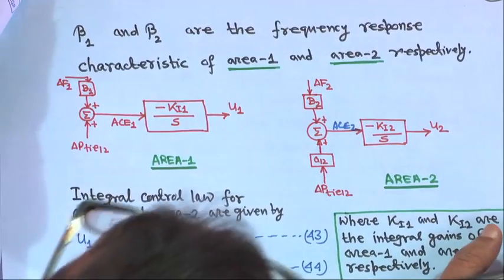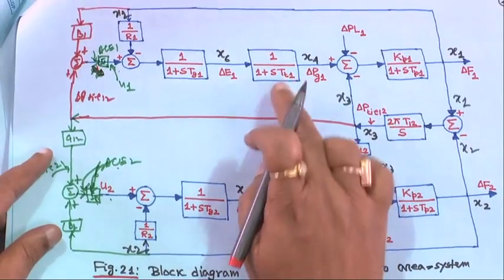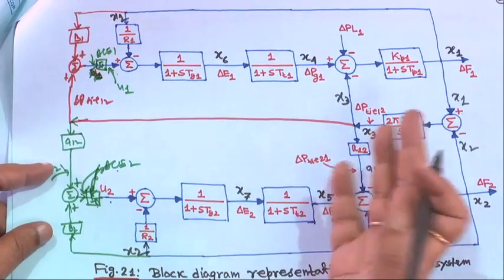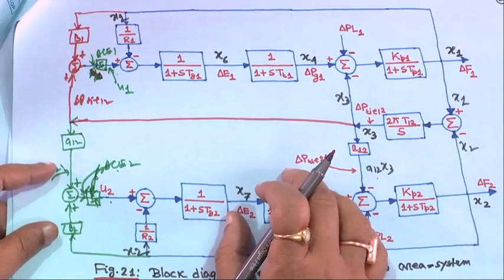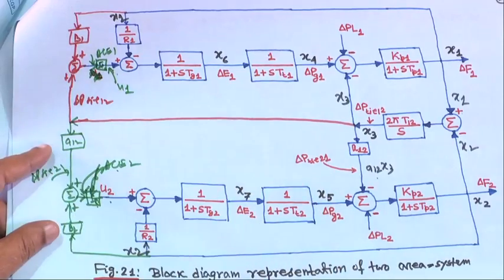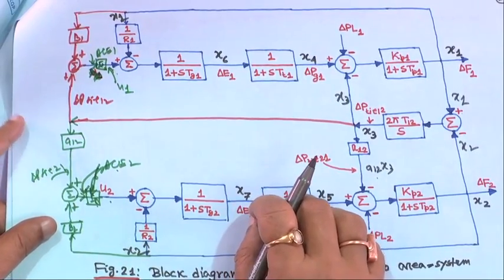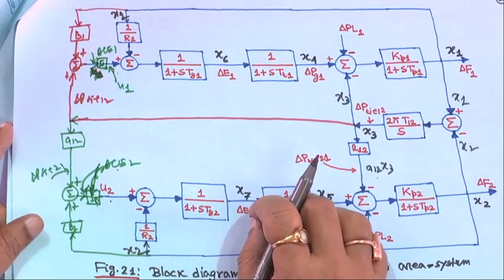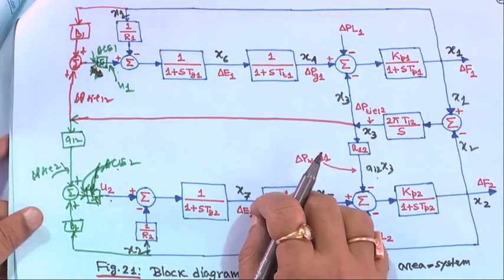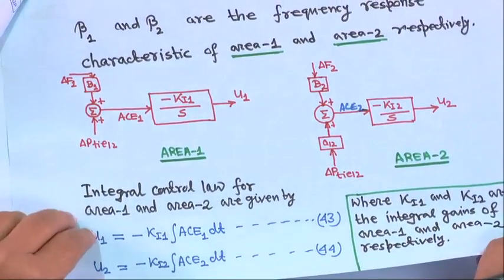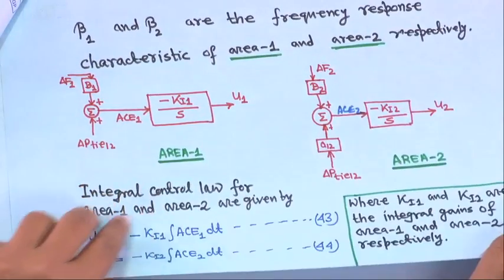For this two area system with the standard parameters, which I will give you later, if they are equal area, then Ki1 equal to Ki2 equal to Ki gives more or less a good result for Ki roughly 0.7. This is how one can take the integral control action.